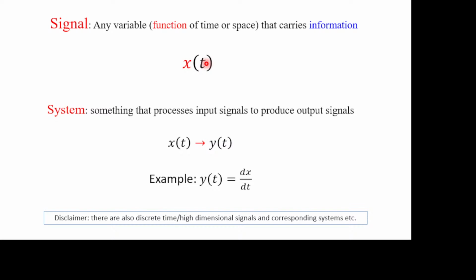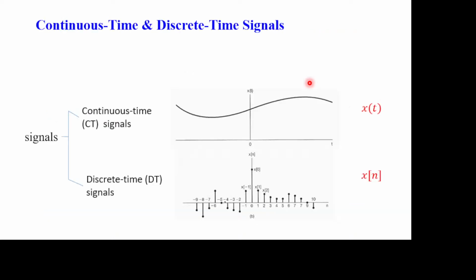Okay. So we have a small text here saying that this continuous time signal is just one of the possible signals. And we'll see that on the next slide. As I just said, there are many different kinds of signal. The biggest two are continuous time and discrete time.